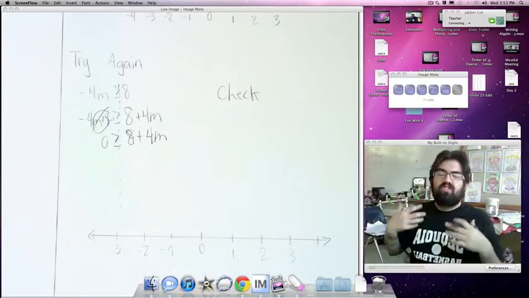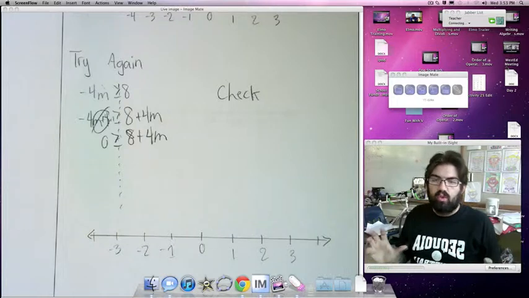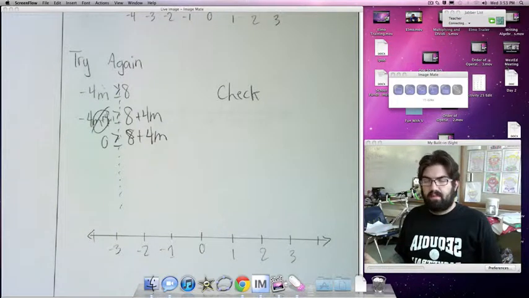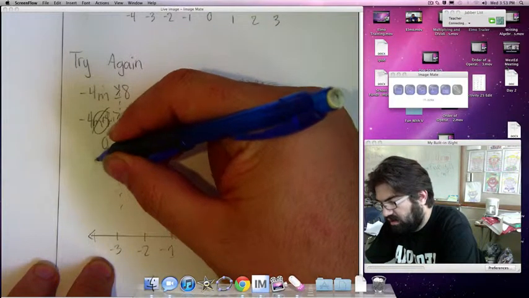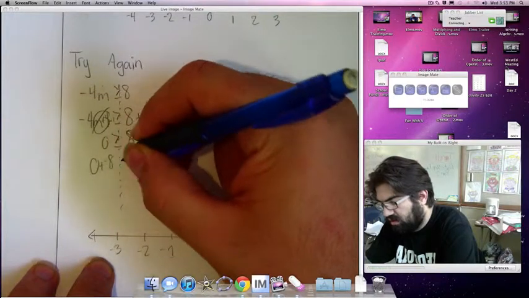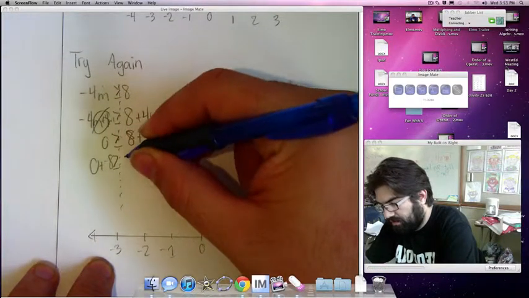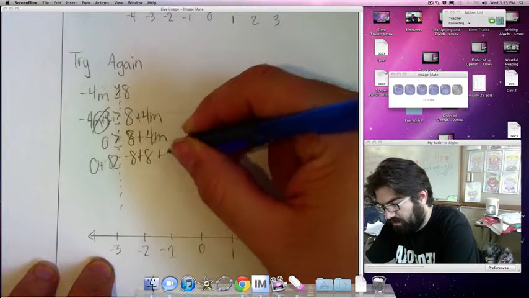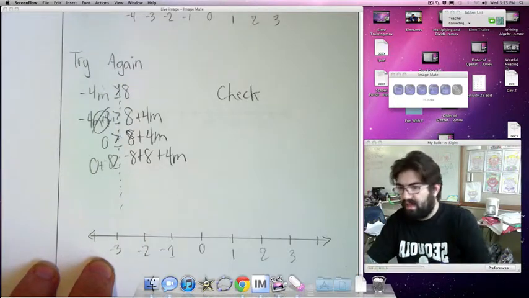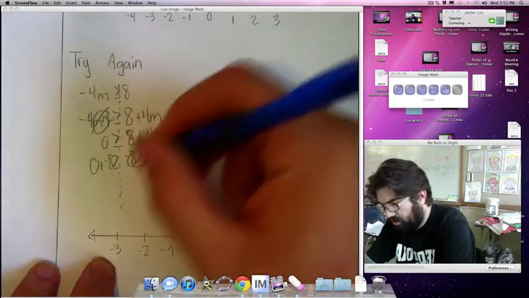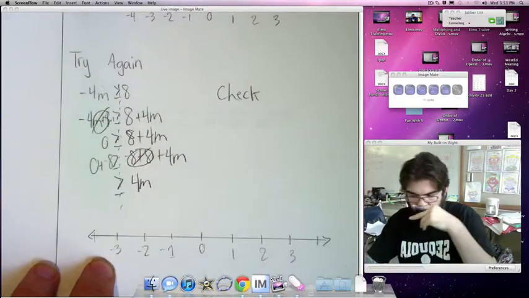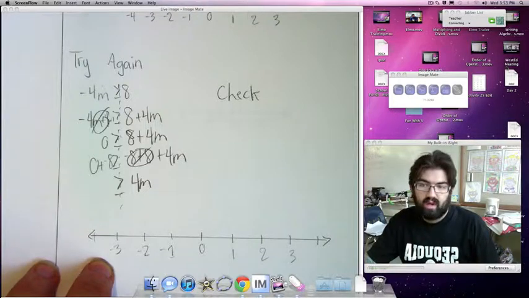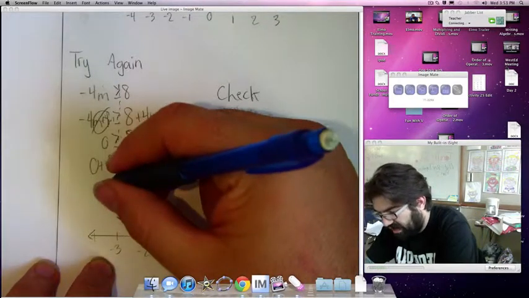So now I have 0 is greater than or equal to 8 plus 4m. Now let's move the 8 over. I need to add negative 8 to both sides. Negative 8 and 8 make 0. So we got 4m. And now I have 0 plus negative 8, well, that's negative 8.